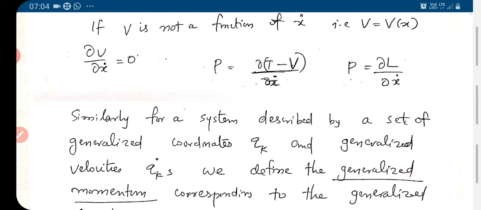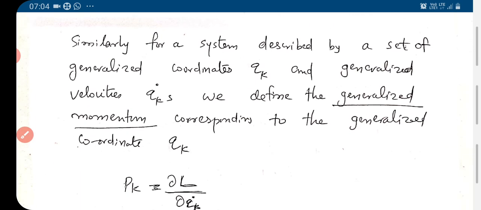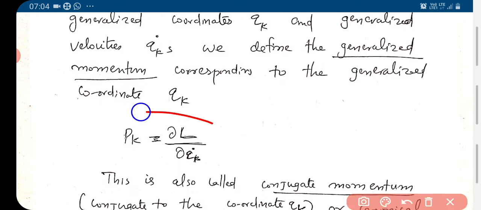Similarly, consider a system described by a set of generalized coordinates qk and generalized velocities qk dots. We define the generalized momentum corresponding to the generalized coordinate qk as pk equal to ∂L/∂qk dot.